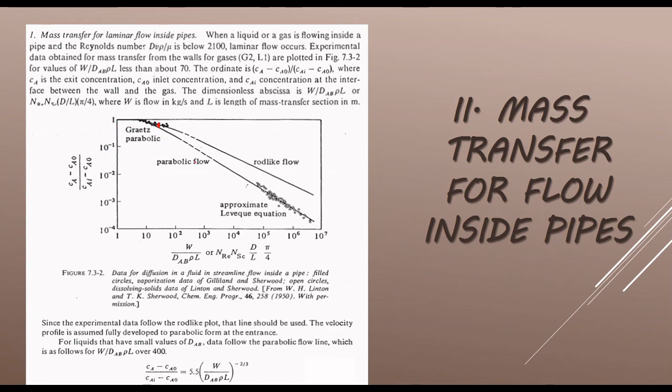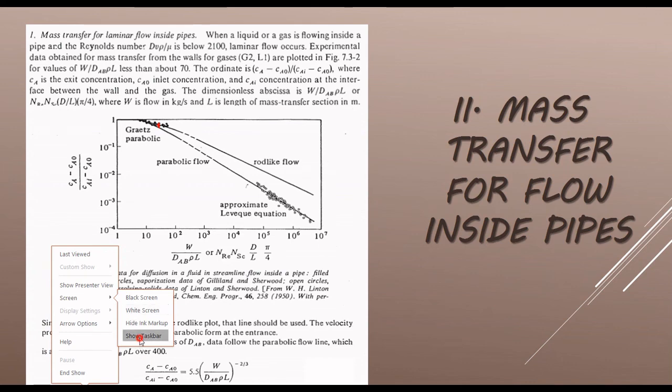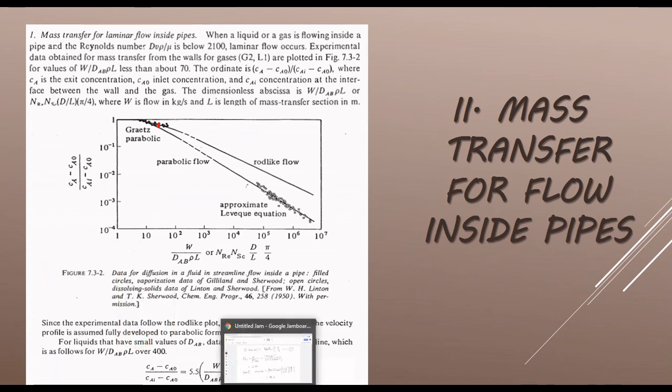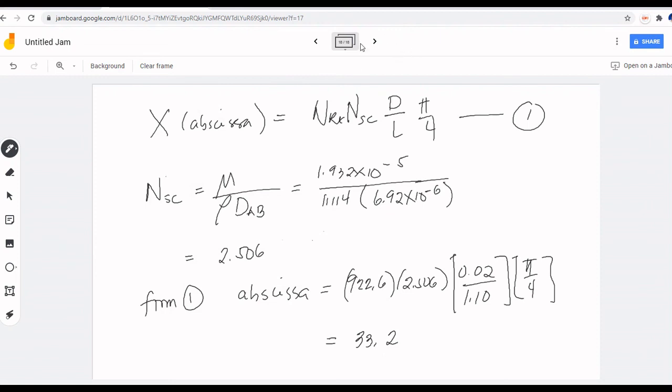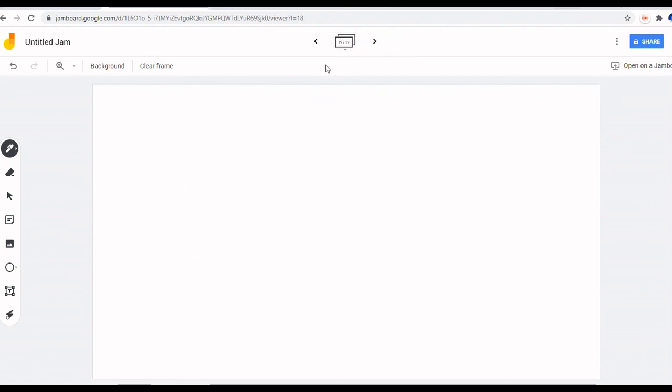So more or less a y value from this particular graph could be read and substituted for the ordinate so that we can solve for the concentration. So let's say our y read from the figure, your y, which is CA minus CAO over CAI minus CAO, in the figure is more or less 0.55.